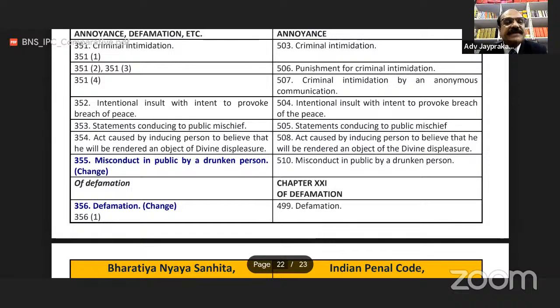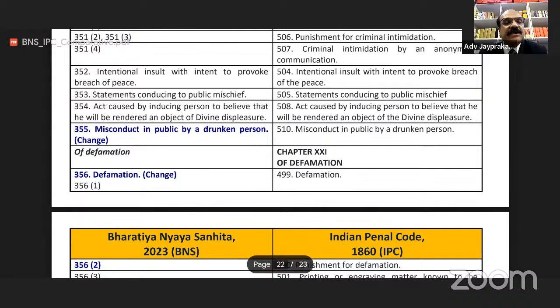BNS section 352, intentional insult with intent to provoke breach of peace. Its corresponding section was 504, intentional insult with intent to provoke breach of the peace. BNS section 353, statement conducing to public mischief.